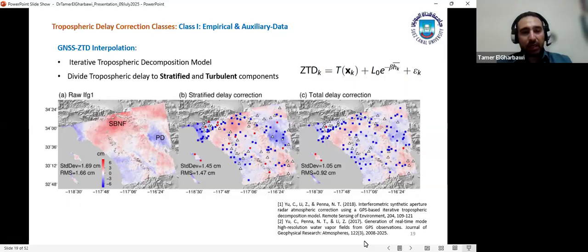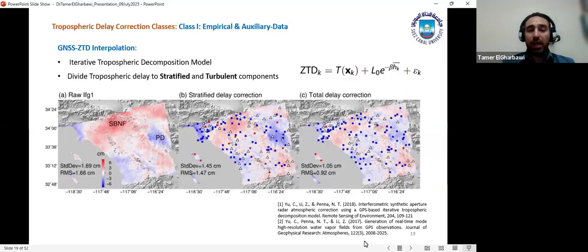We can see in this image the raw interferograms and the stratified delay correction by modeling the delay using a power model, in the second part of the equation. The final total delay is obtained by interpolating the residual to the pixel size of the interferograms, and we get the total delay correction.